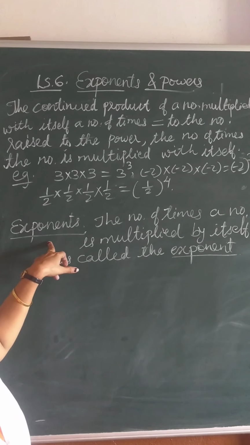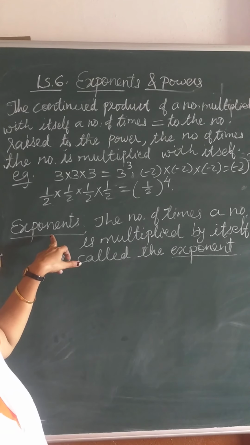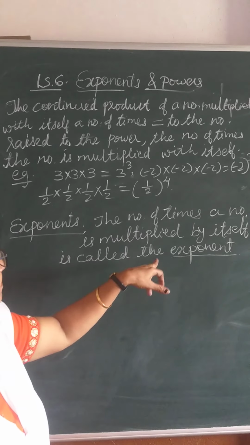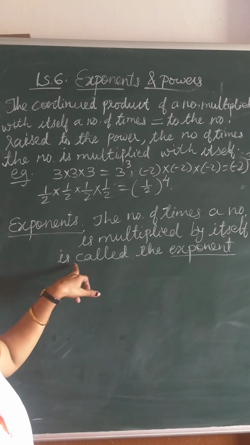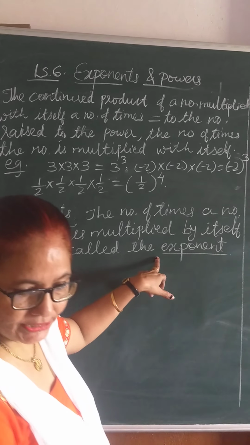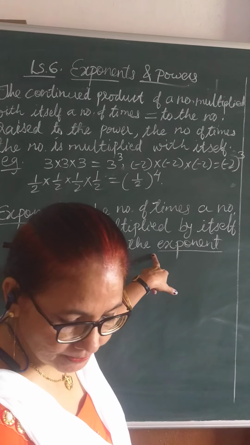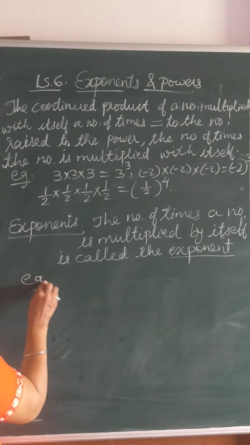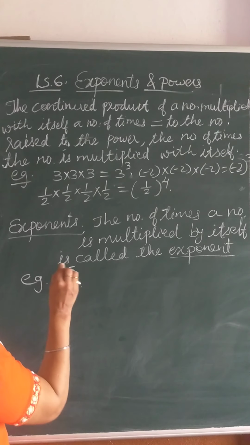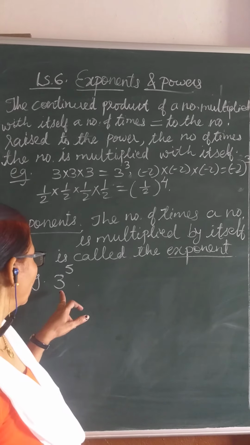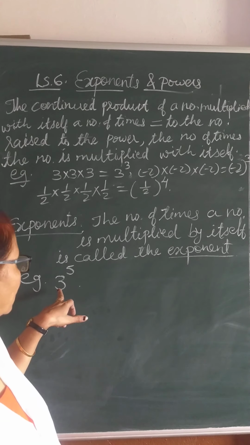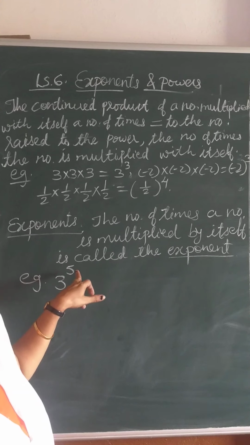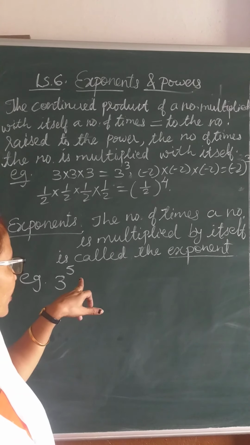Okay. Now exponents. What is meant by exponents? Exponent means the number of times a number is multiplied by itself. See, children, for example, let me write one example. The example is 3 raised to the power 5. This 3 is called the base and 5 is called the power, or index, or exponent.